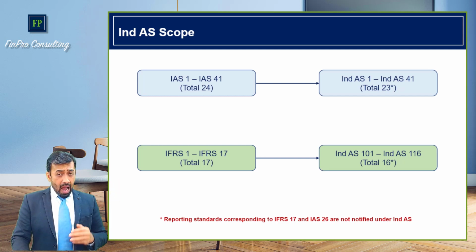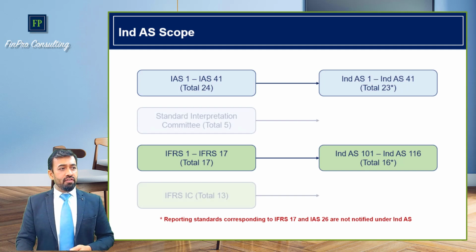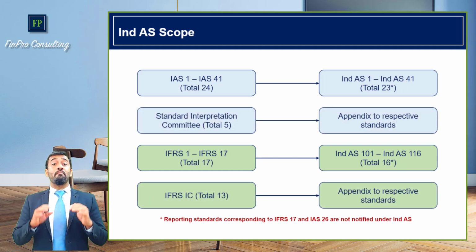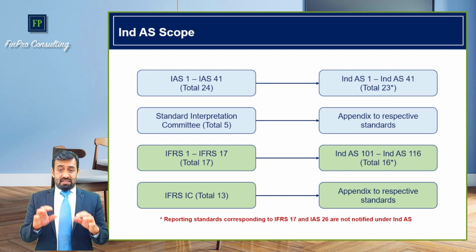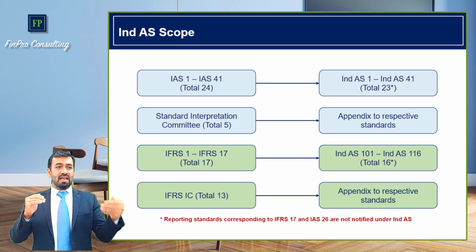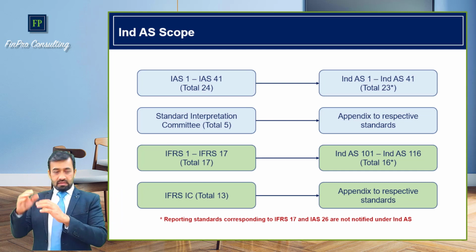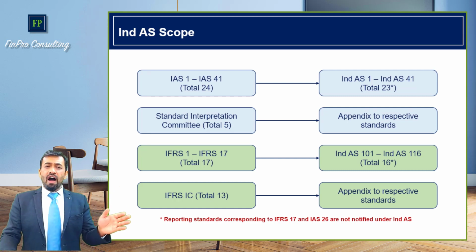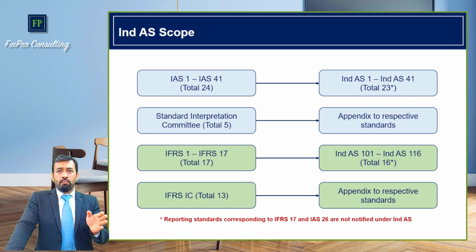Now how have IFRICs and SICs been introduced? SICs and IFRICs have been introduced by way of appendix in each respective standard. So the entire guidance of IFRS has been adopted as part of Ind AS.